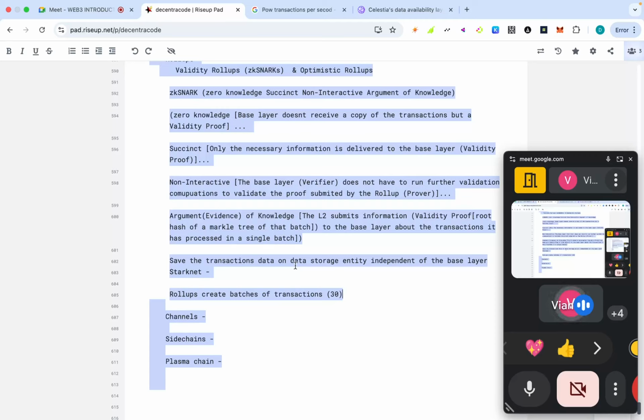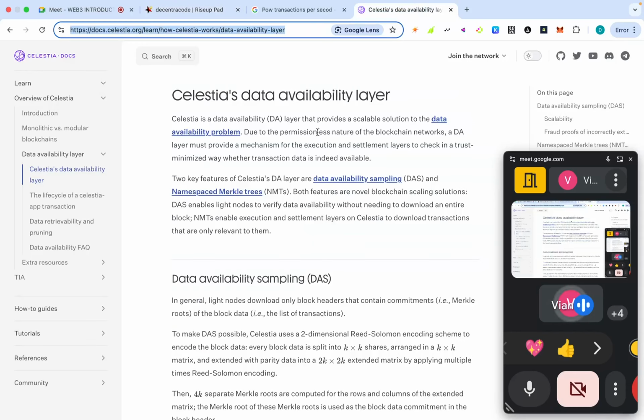If you pass them through Stacknet, all that information, all that data is stored on Celestia. So there are so many data availability layers. Celestia is essentially a decentralized service where data can be stored. You know how IPFS works? You are saying it's like an oracle. Is it like Chainlink or something?